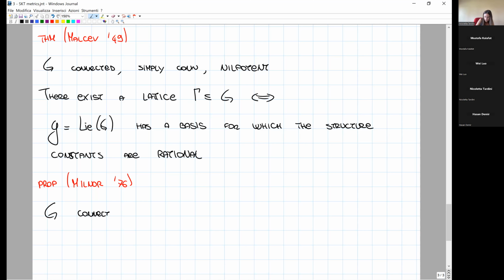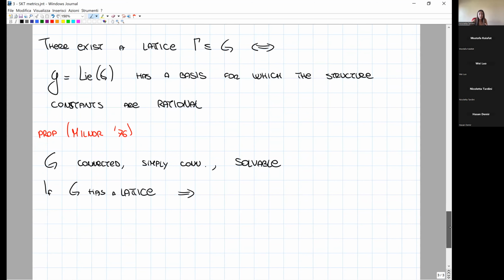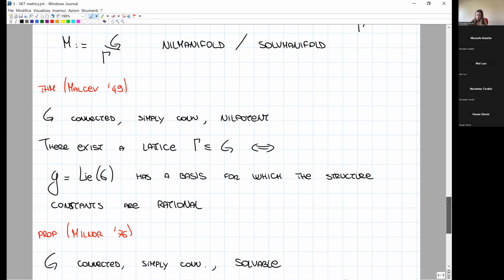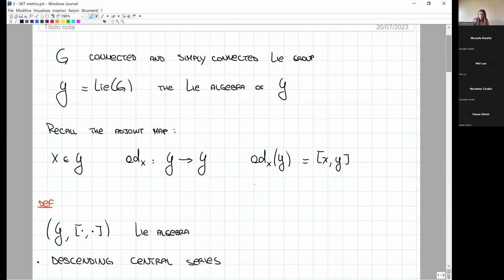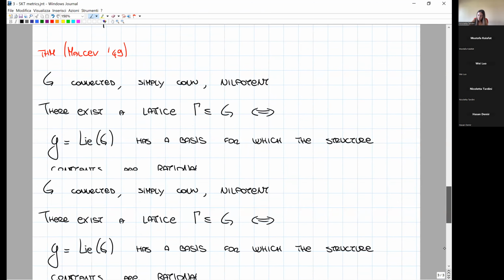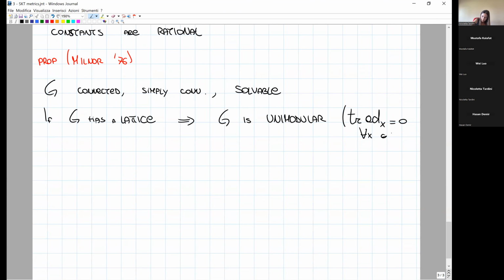Again, we have a connected and simply connected solvable Lie group G. Then if G has a lattice, which means that you can quotient G with this lattice and construct a solvmanifold, then G is unimodular, which means that the trace of the adjoint map, the map that we defined at the beginning, ad_X applied to an element Y is the commutator of X and Y, is 0 for every X in the Lie algebra.